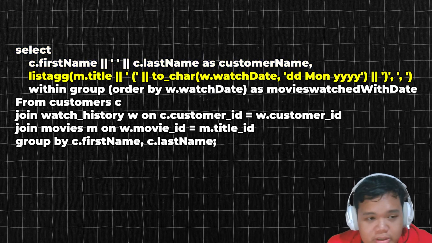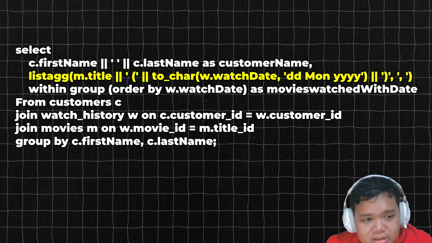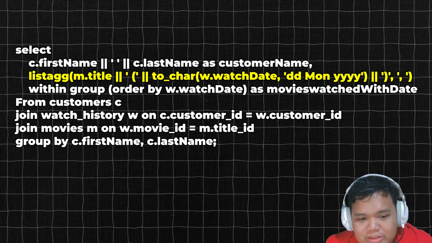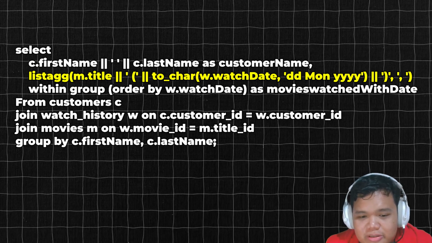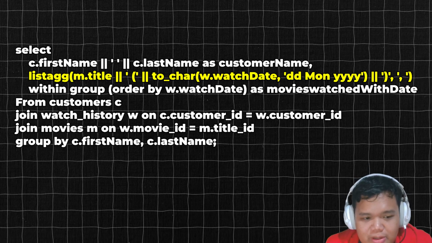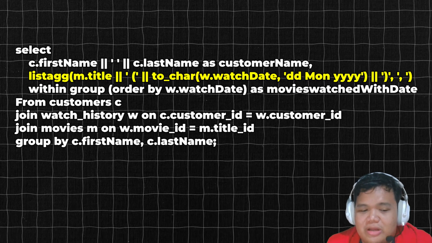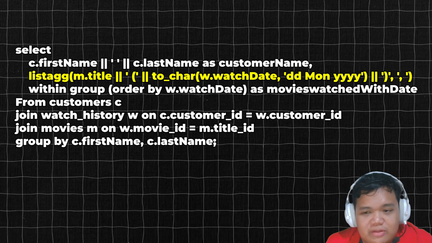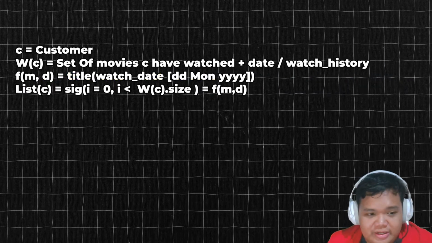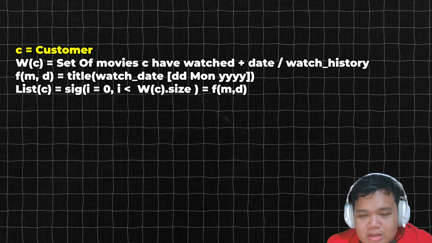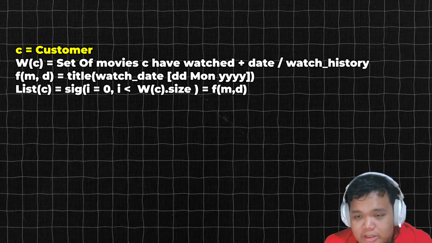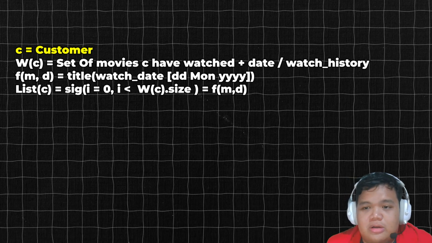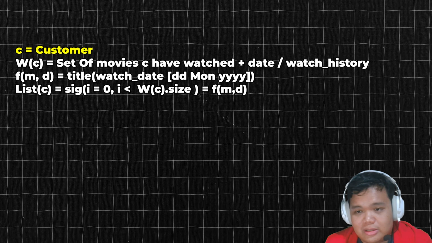Okay, so in here we are using an aggregate function, LISTAGG, which is like summing numbers, but instead of summing numbers, we're concatenating movie titles and their dates into one string. Let's think of it like this. Let's say I put C as a customer, and each customer, of course, has watched a movie, right?